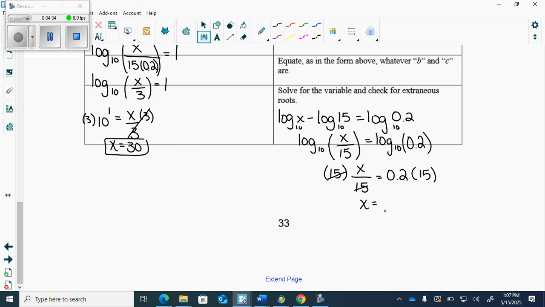That seems a little dicey. We get 3. Why did we get 30 before? Is 15 times 0.2 equal to 3? Yes. It's not 10, it's 10 to the 1. Did I write the equation down right?